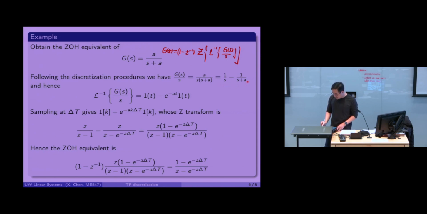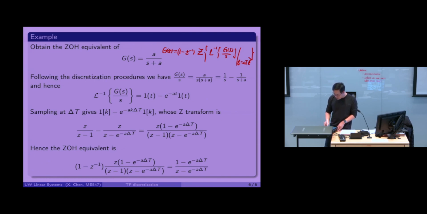Then we can very easily find the inverse Laplace transform of this signal. Based on the results, you can see the inverse Laplace of 1 over S is a step function. The inverse Laplace of 1 over S plus A is the exponential function e negative AT. And then we do the sampling. Sample this continuous time signal at every delta t time instance.